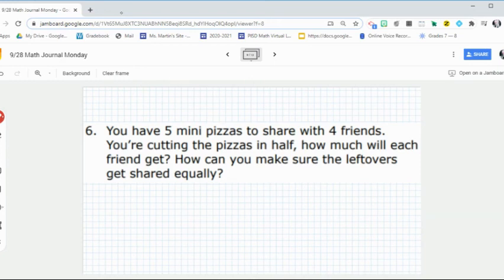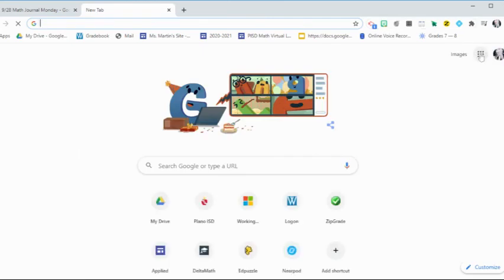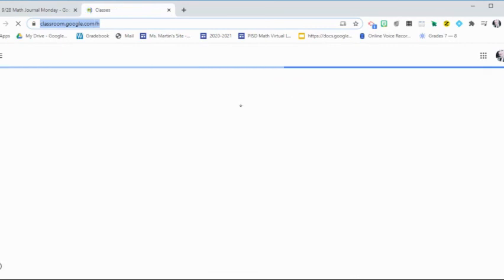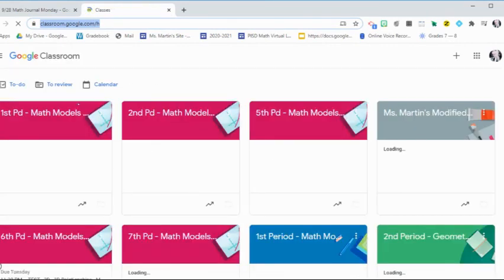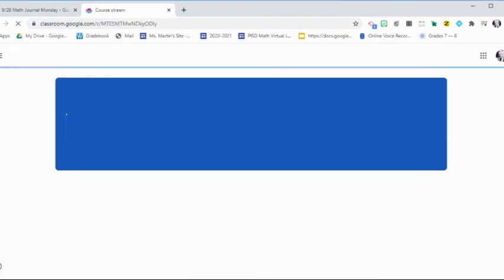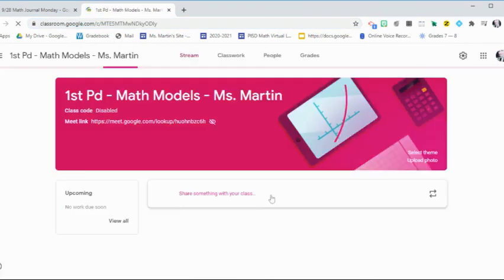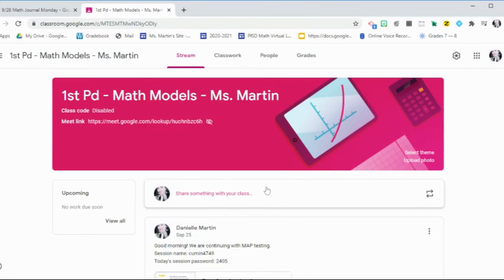Where is the assignment page? Go to the Google Classroom stream. Let's go to ours. Or one of ours. I'm going to just pick a random one. So you click on your Google Classroom and it takes you to our stream. Scroll over to the Classwork tab.